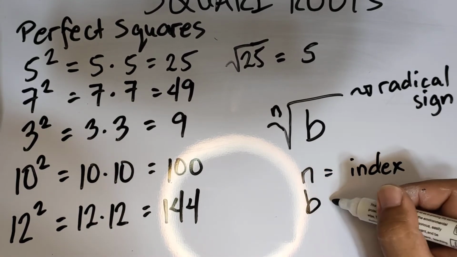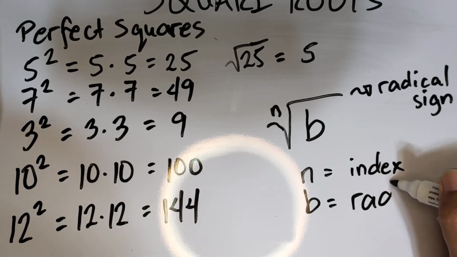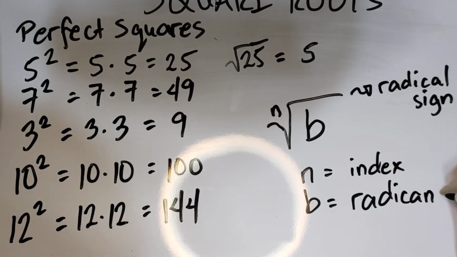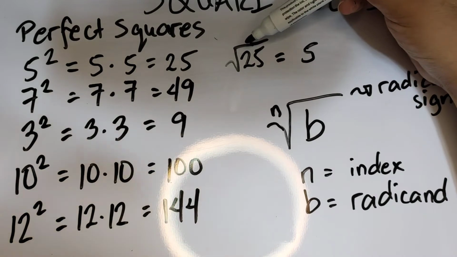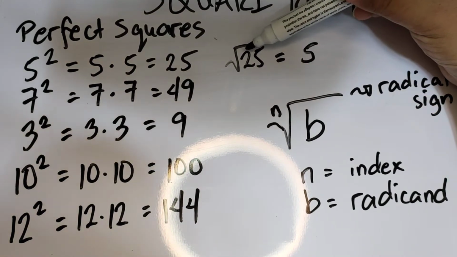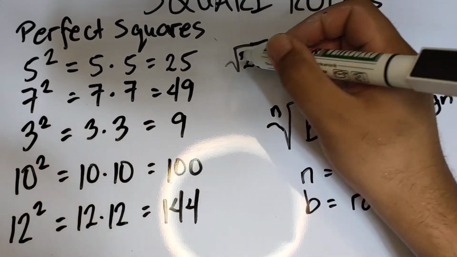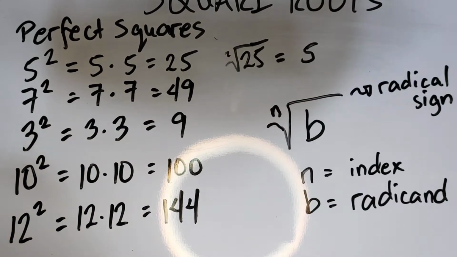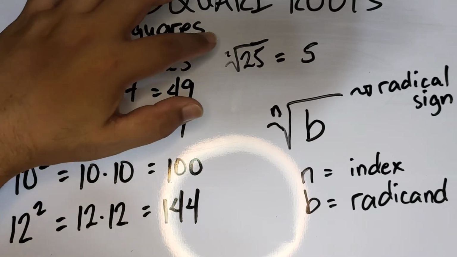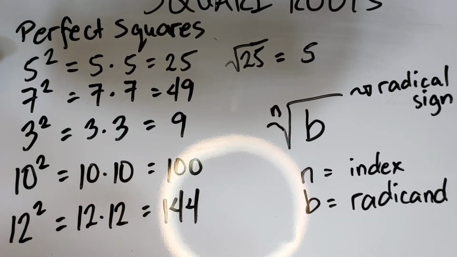And b is our radicand. So, ito niyan, paano babasahin to? Square root of 25. Pag wala kayong nakikitang index dito, that's understood na siya ay 2, square root. Okay? So, pag yan ay 3, cube root. Pag 4, fourth root, and so on.